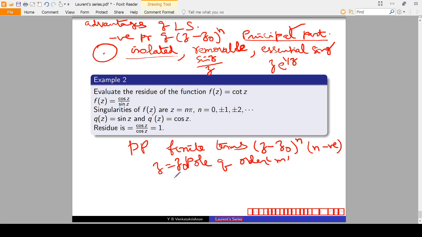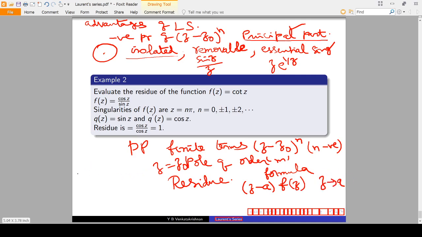And we had given three formulas to find the residue. If it is a simple pole, formula 1 has to be used. What is this formula 1? You have to just calculate the limit of z minus a into f of z as z tends to a.